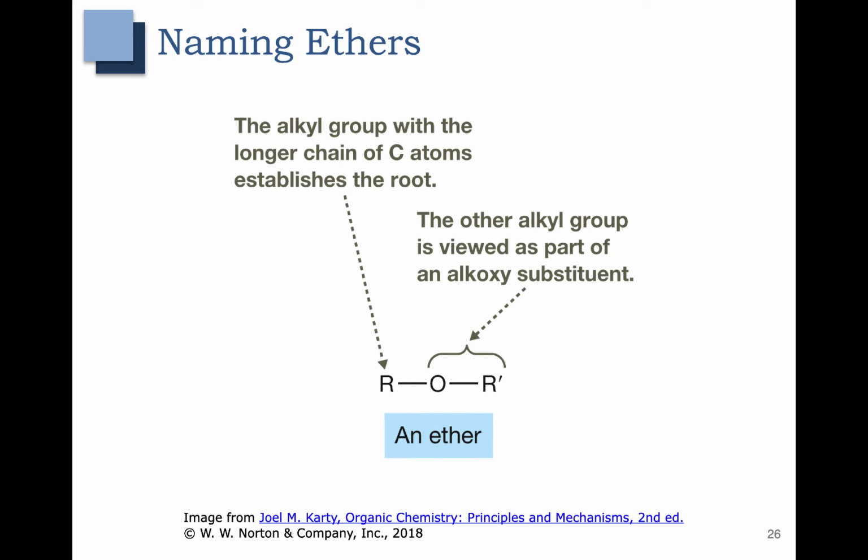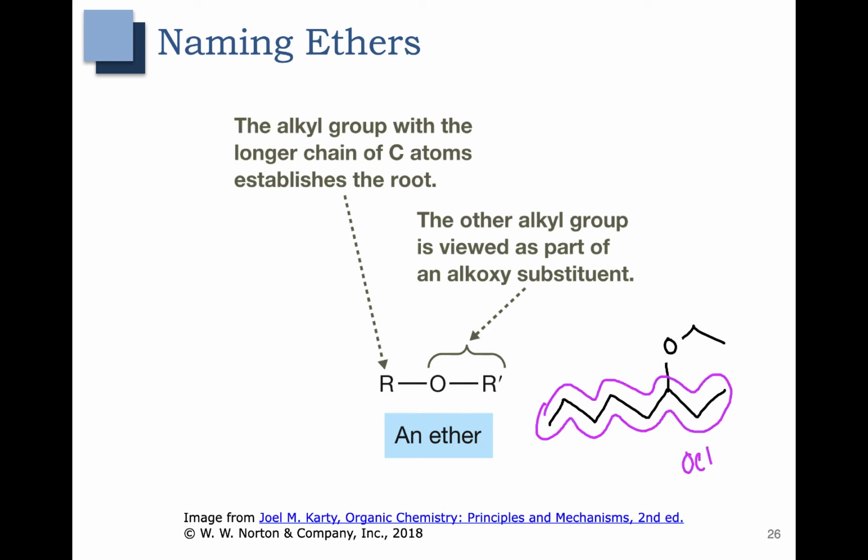With ethers, we have a little bit of a challenge because you can have carbon groups on either side of the oxygen. What you end up doing is finding the parent chain, and that gives us the root name, and then the other part of the ether is referred to as an alkoxy substituent. In this example here, we have 8 carbons, and that becomes our parent chain with the root name of octane.